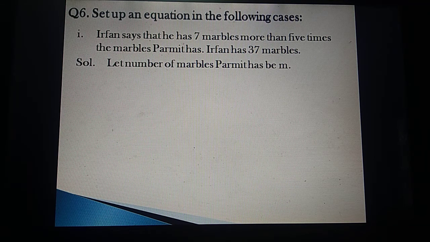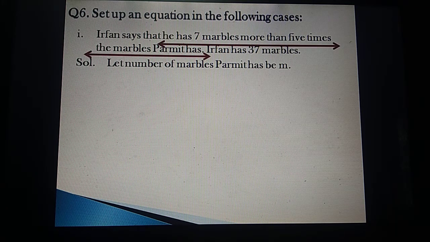So your first statement is, let the number of marbles Parmeet has be M. Now as per the condition, it's given Irfan has 7 marbles more than 5 times the marbles Parmeet has. Now 5 times the marbles Parmeet has means 5M.